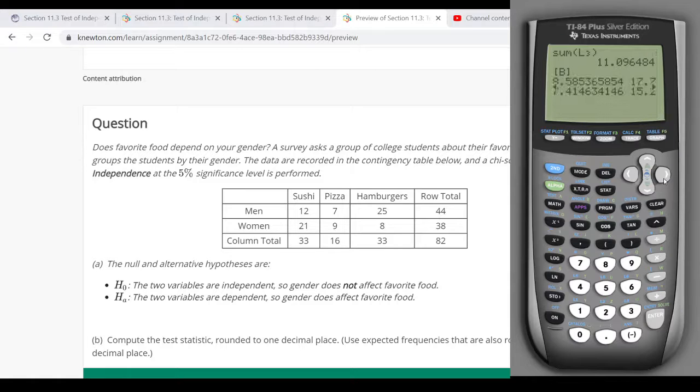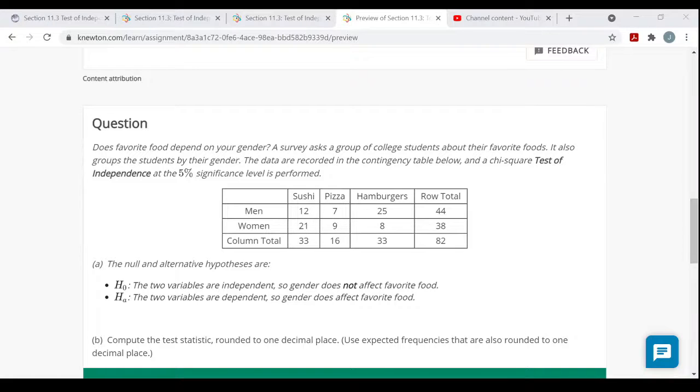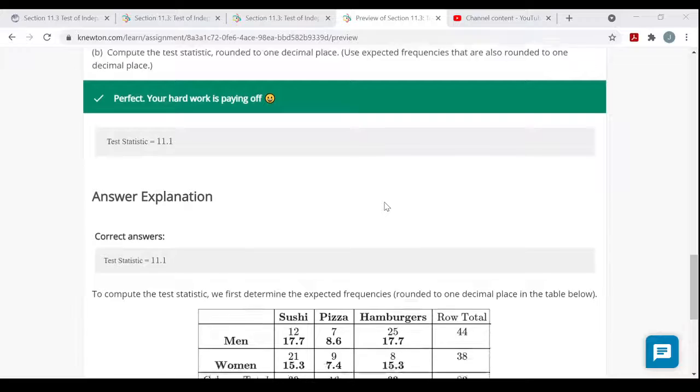Scroll over, you got 8.5, 8.6, 7.4 in the second column, and then the third column, you got 17.7, 15.3 again. These are your expected counts. It made it for me. So that's how you can use a calculator, and just simply entering a matrix with your observed values. That's all you need to do to run this test.